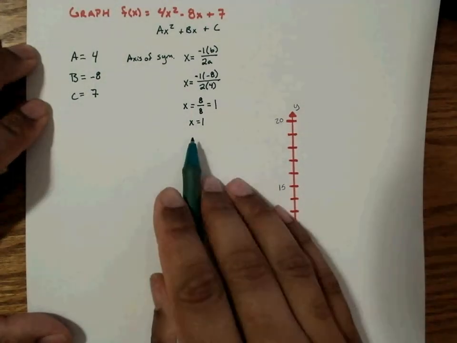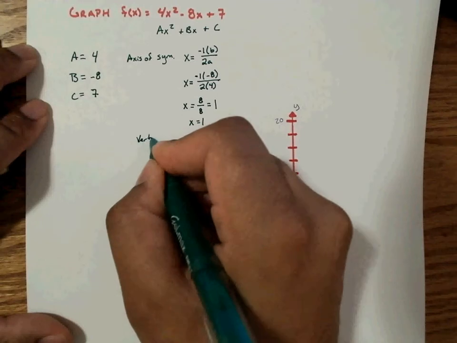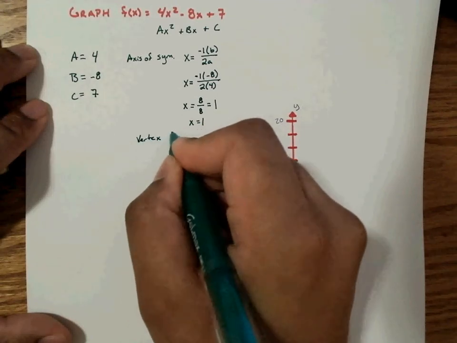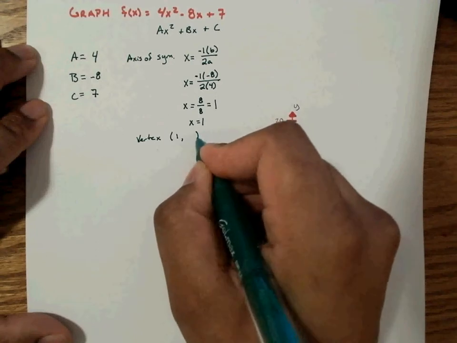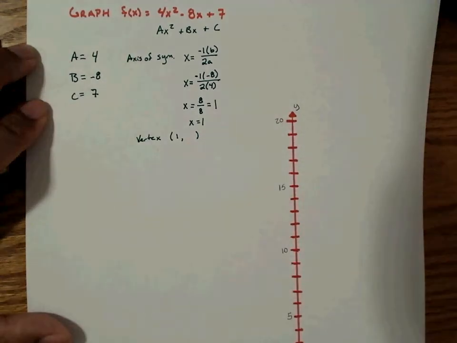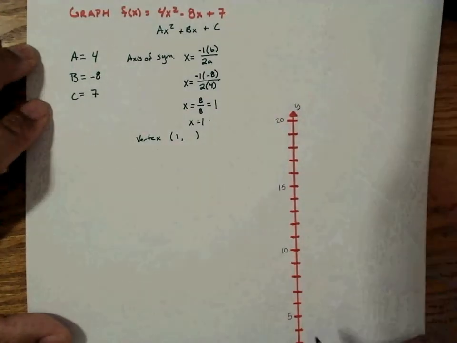So remember, our axis of symmetry is part of our vertex. So we know our x value of our vertex is 1, and now we just find the y value. So to find the y value, we're going to plug in 1 in for x into our equation.